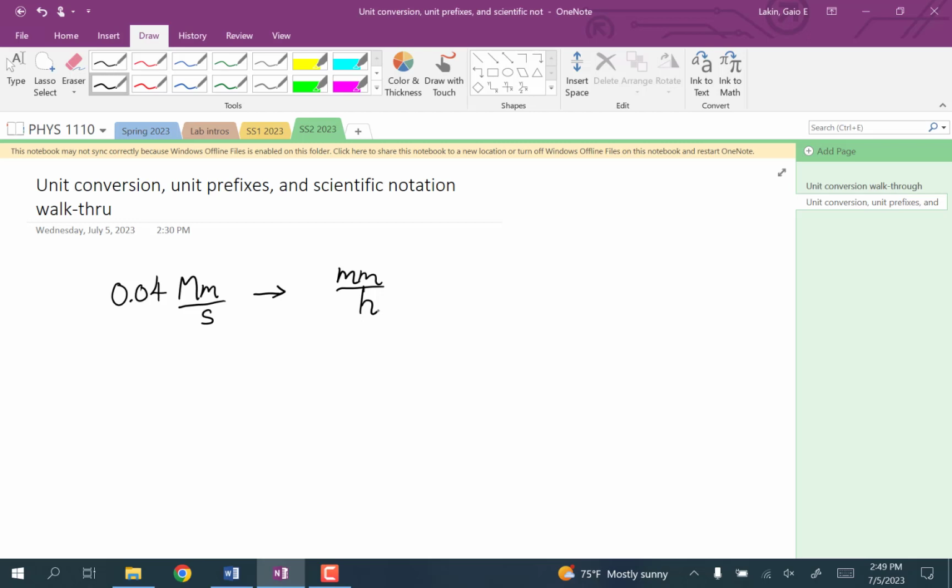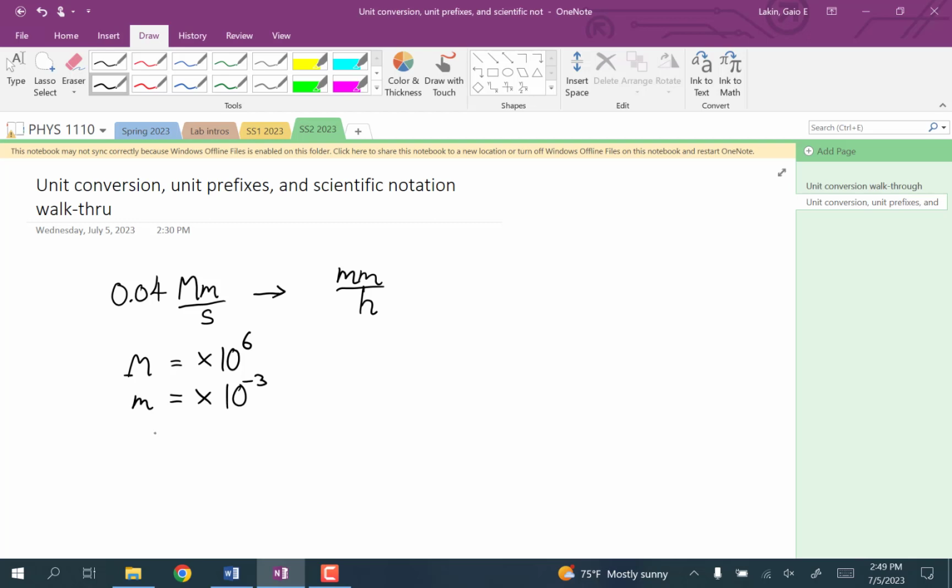Okay, and we're going to use the fact that mega, you can think of that as being defined as times 10 to the 6th, and milli you can think of as being defined as times 10 to the minus 3rd.